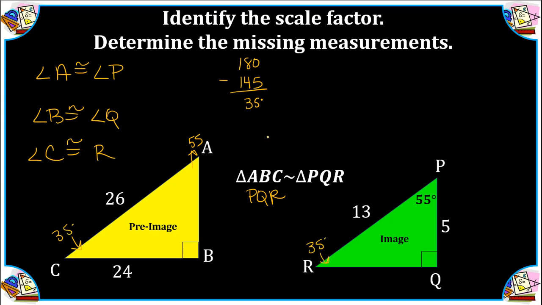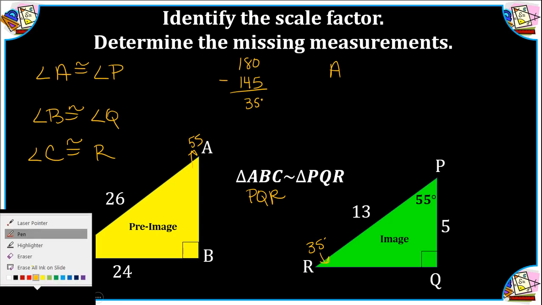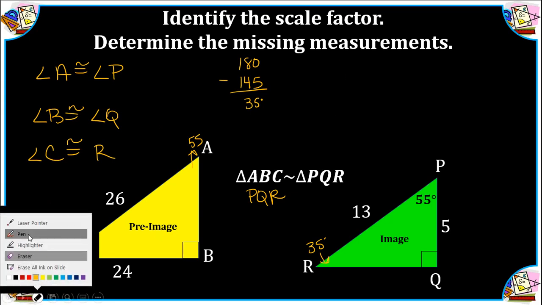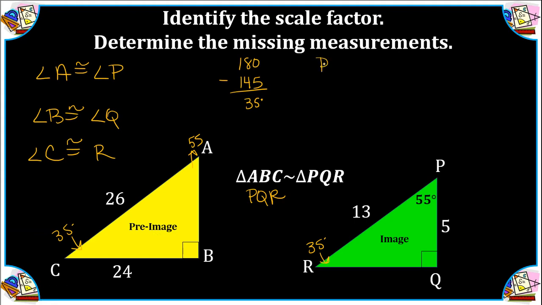Okay, now for our scale factor, we're going to do our pre-image, and we can compare. We're going to put our image on top, so be careful with that. So we could take PQ and compare it to AB to find the scale factor. Well, really, that's not the one we're going to use. Okay, here's the deal, guys. Let's look at this one more time.